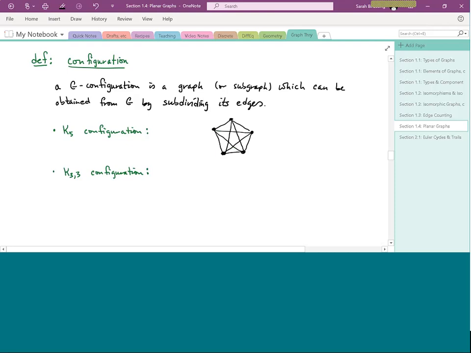Now, to get a K5 configuration, it's totally fine if it's actually just K5, but the configuration part allows you to take any edge you want and actually split it up by inserting an extra vertex on that edge. So in other words, maybe you take this edge on the left and you split it into 2 edges by adding 1 extra vertex.